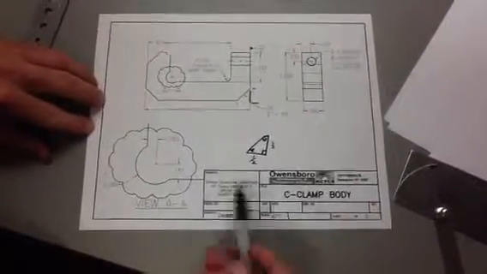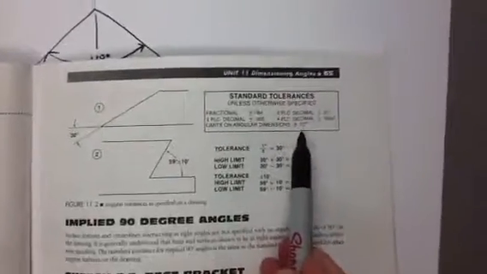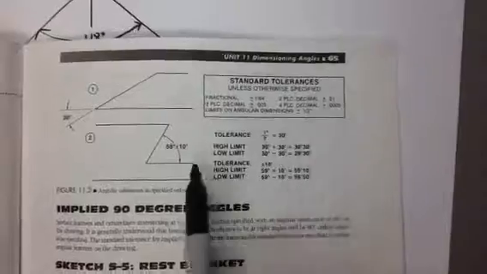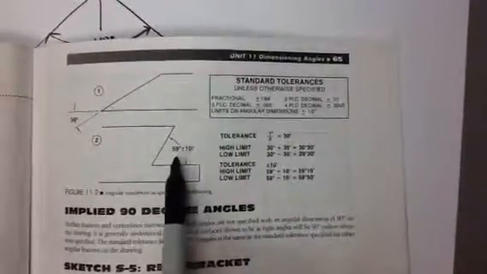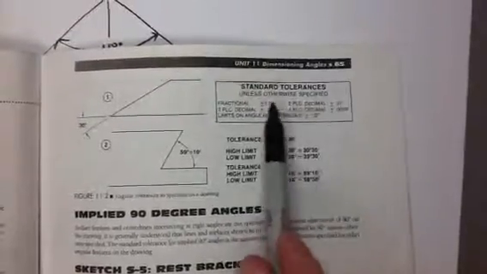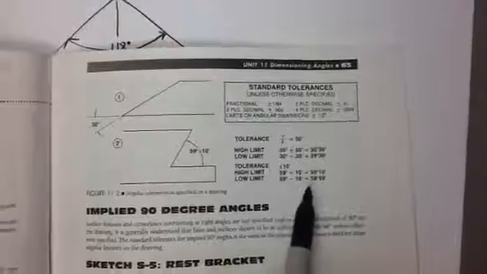When you look at most of your general tolerance blocks, let's look in our book right here real quick. Plus or minus a 1/2 degree. That's 30 minutes. Okay. You can also have a dimension that has a tolerance in it, and then you don't go to the standard tolerance block, and it explains to you here and shows you the high limit and the low limit.